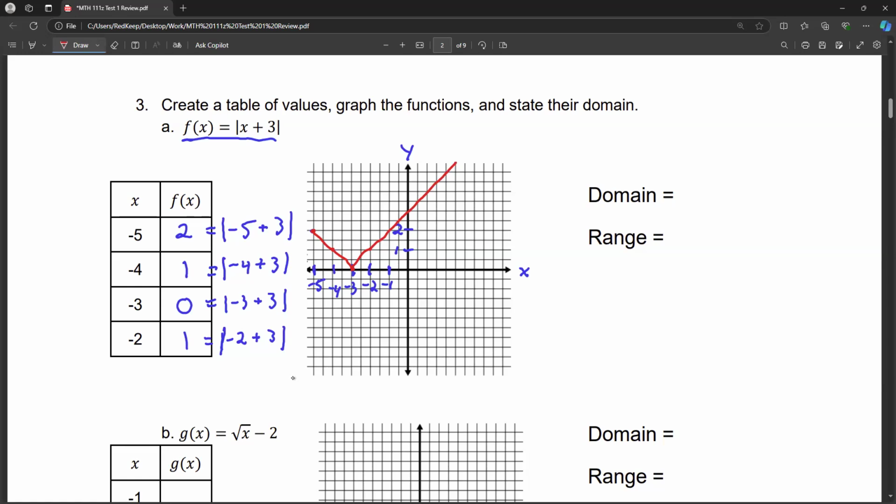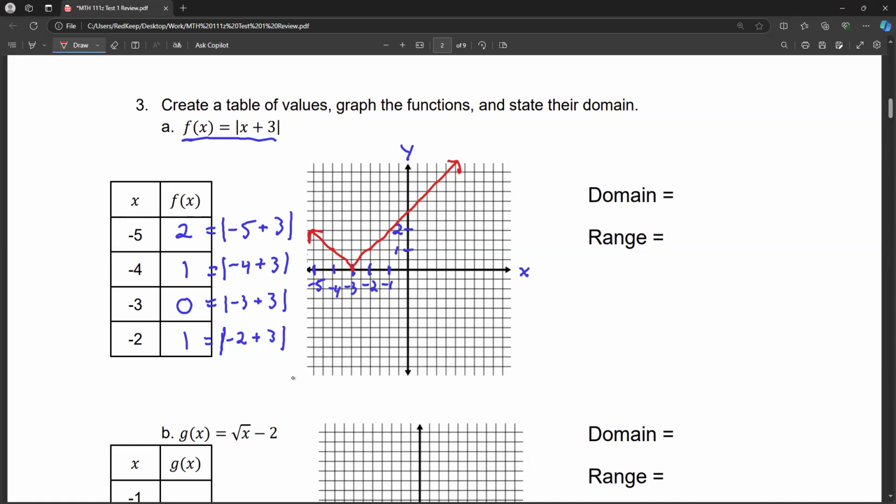You might be familiar that this is the typical shape of an absolute value function. So we are on the right track here, and we can add arrows because we know absolute value functions go off in the appropriate directions as indicated. They go off forever. Okay, so now we've graphed our function.